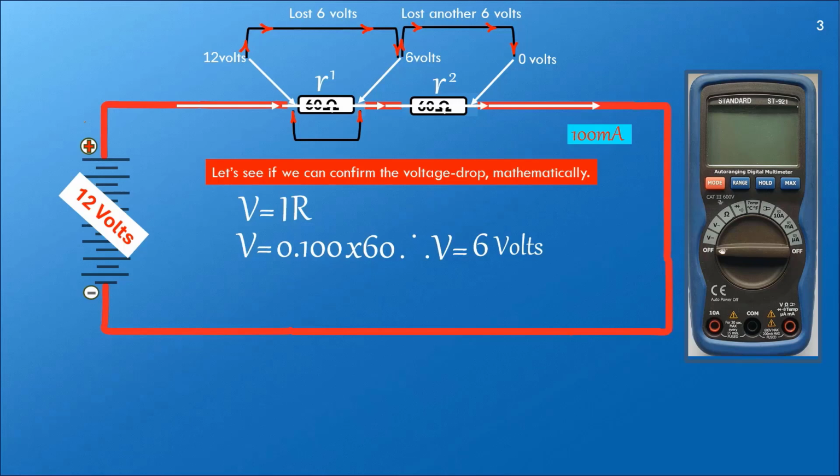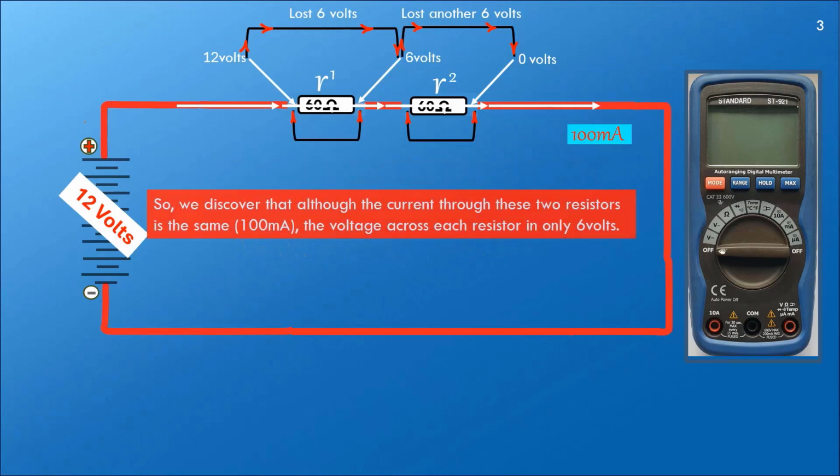This confirms the size of the voltage drop across R1, and we will get the same result across R2 because the current and the resistance are identical. So, to reinforce what we have just learnt, we have discovered that although the current through these two resistors is the same, that is 100 milliamps, the voltage across each resistor is only 6 volts.